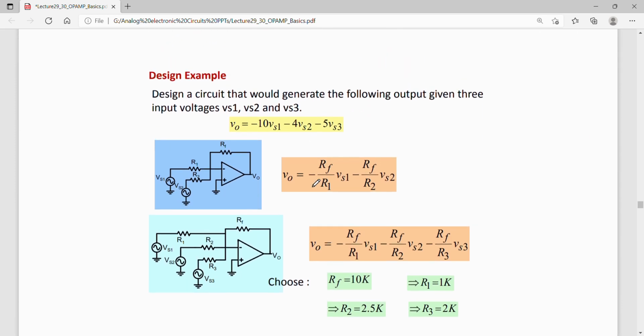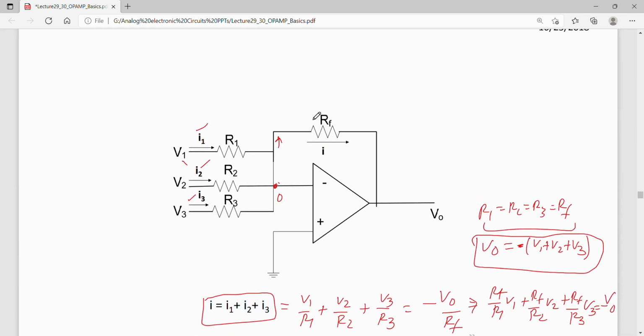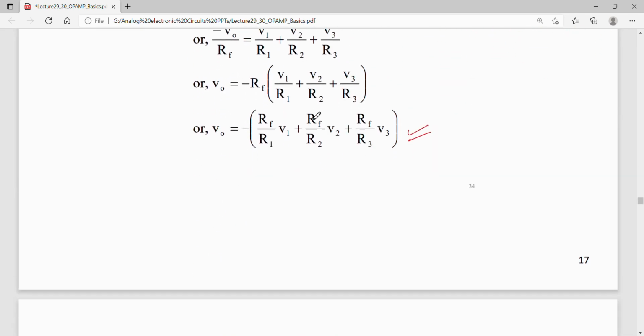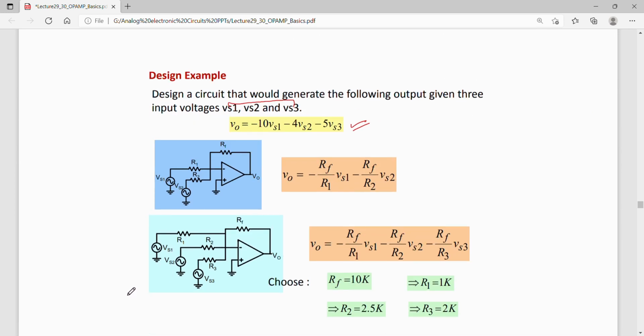We want to design a circuit that will generate this output for these three inputs, VS1, VS2, VS3. For this I can use my summing amplifier, which we have already discussed.